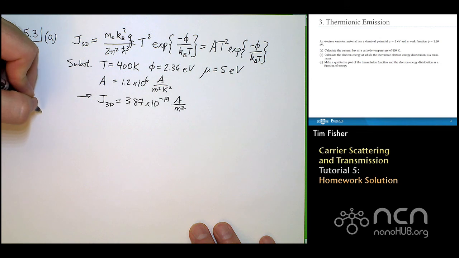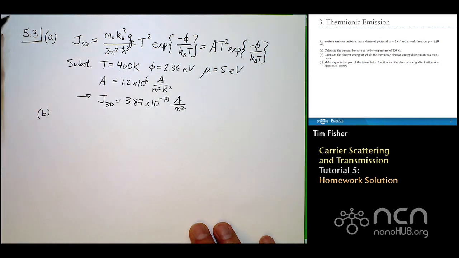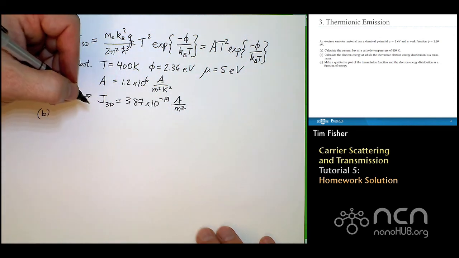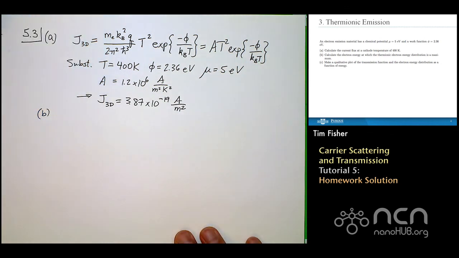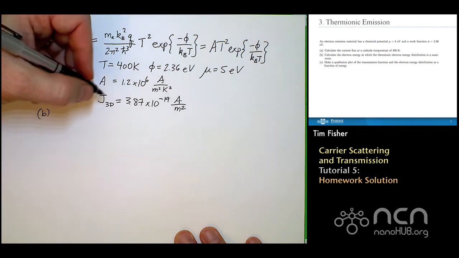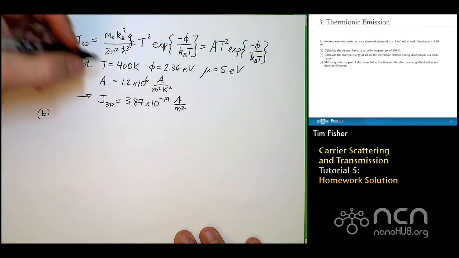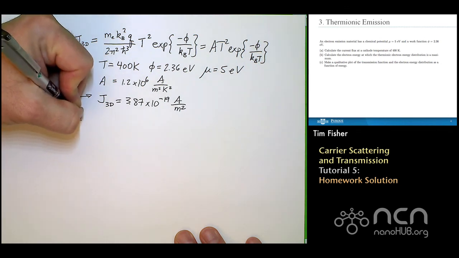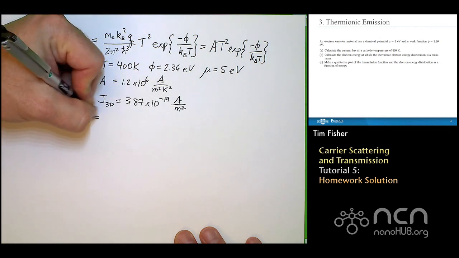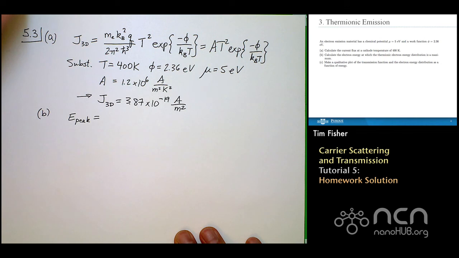And then part B of this problem asks for the energy at which the energy distribution is a maximum. And we said in the course notes, and this really comes from looking at the electron energy distribution equation, the maximum happens at, so this is the energy at which the peak spectral emission occurs.